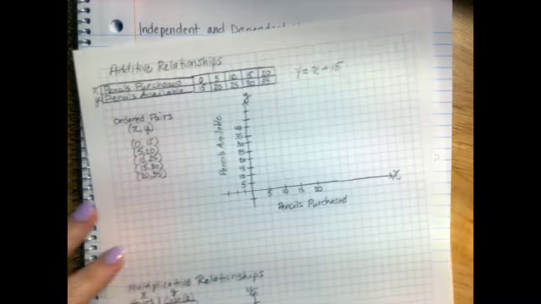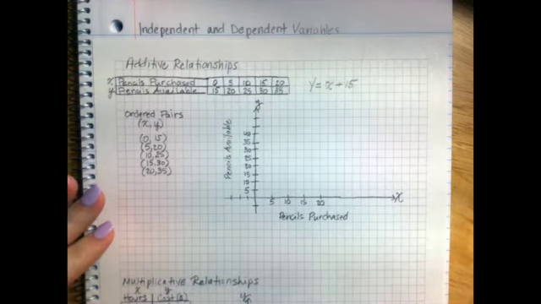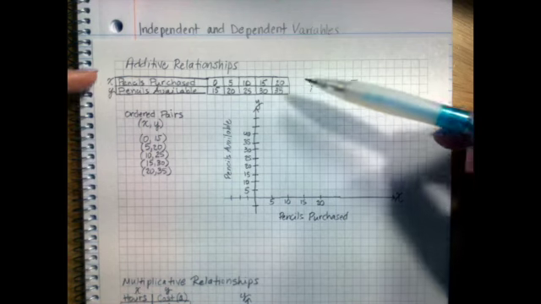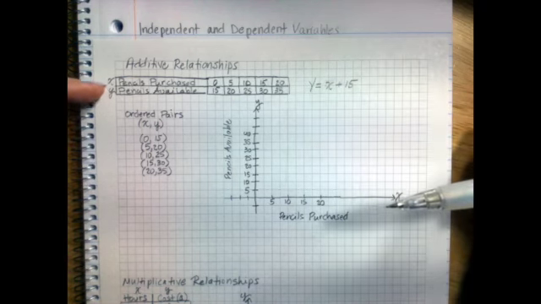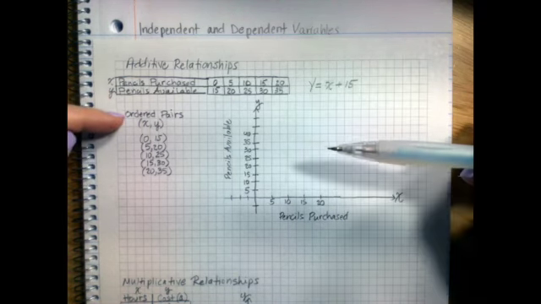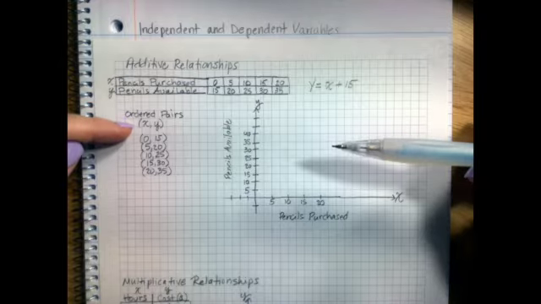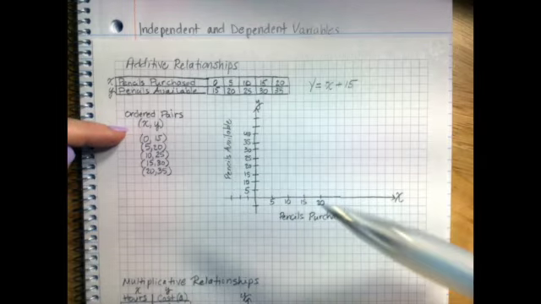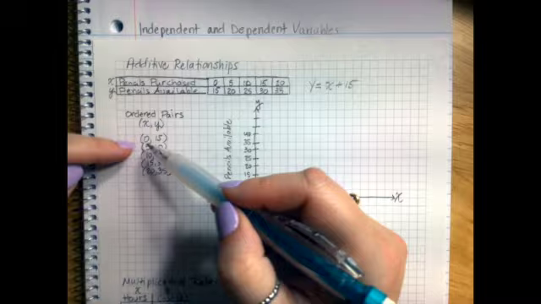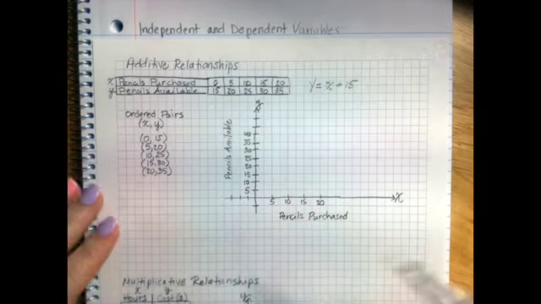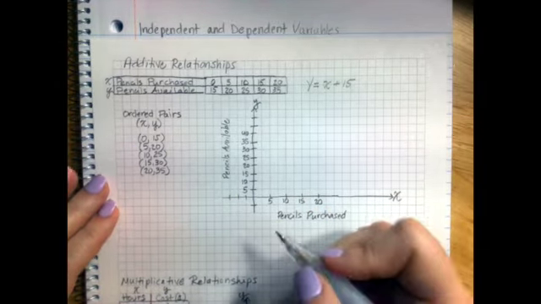Okay, well, what does that look like when we go to graph this information? Okay, so again, I have the same table. I've got my x and my y. I need to put them into ordered pairs. So I'm going to take each one, x and y, and write them as my ordered pairs. And then I'm going to graph them.